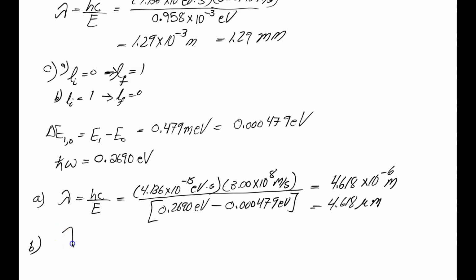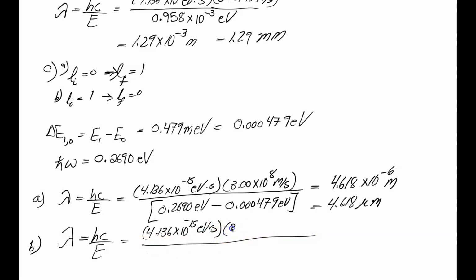So lambda would equal, in this case, hc over E, and we know this value is 4.136 times 10 to the negative 15 electron volt seconds times the speed of light, which is 3.00 times 10 to the 8th meters per second.